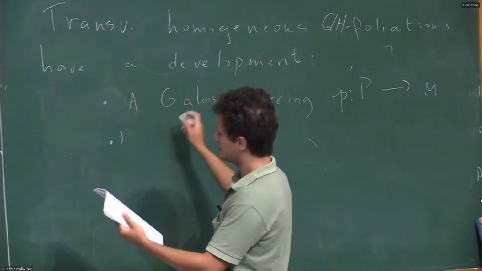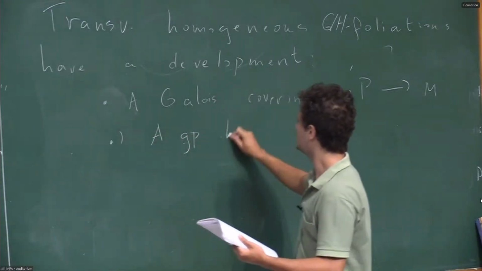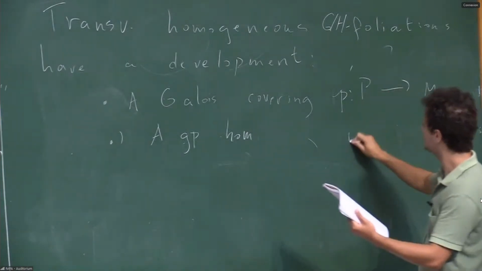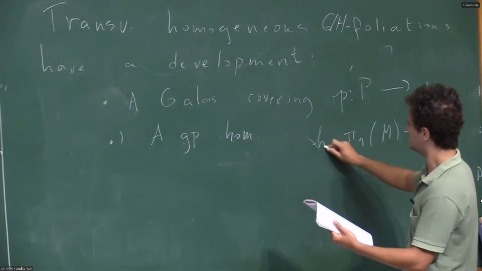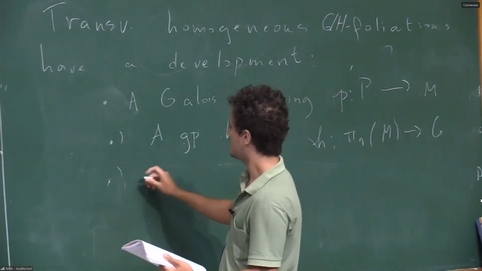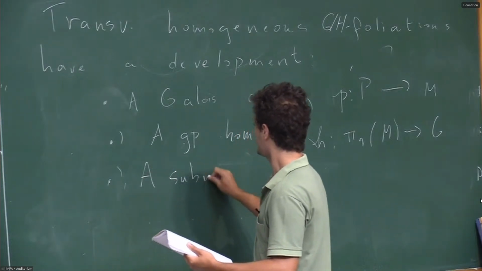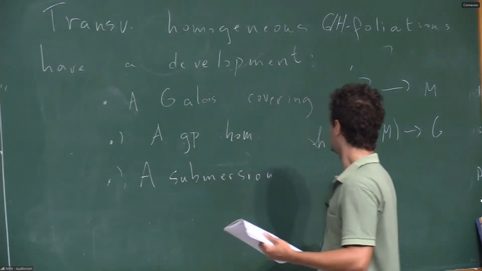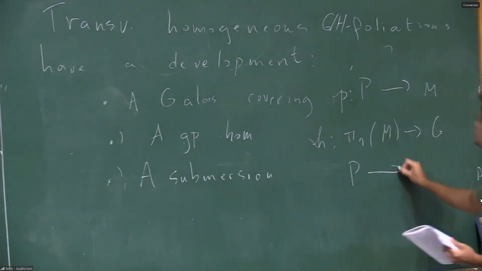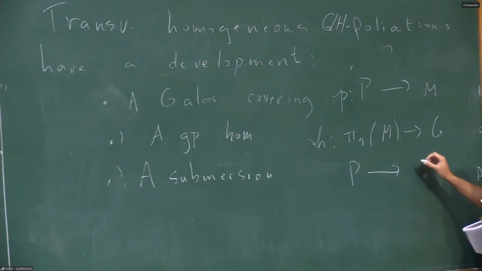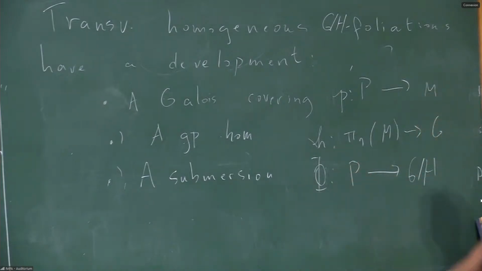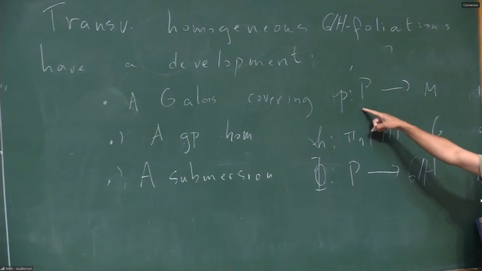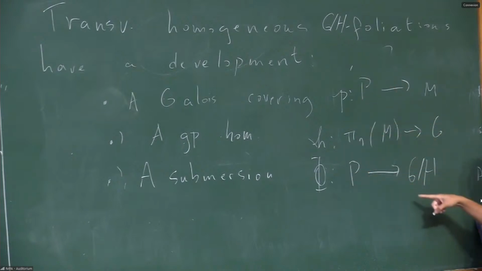We have a group homomorphism from the fundamental group of M to G. And we have a submersion of P into the homogeneous space, such that if you pull back the foliation from M to P, the resulting foliation on P will be given by this submersion.